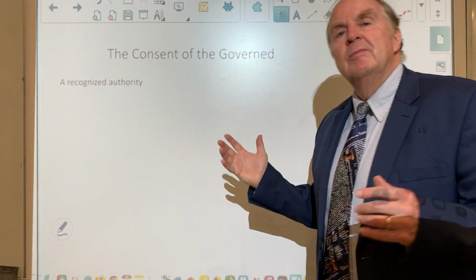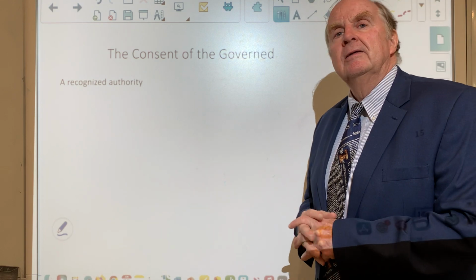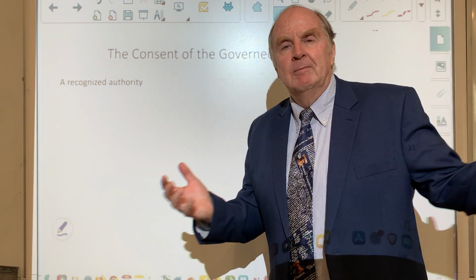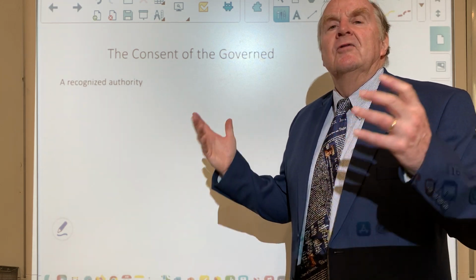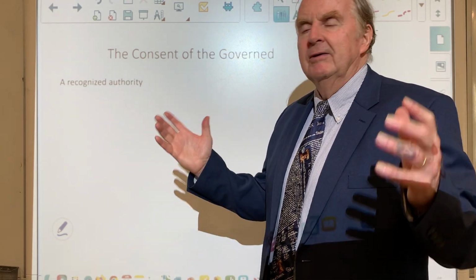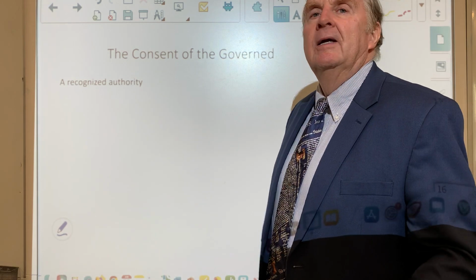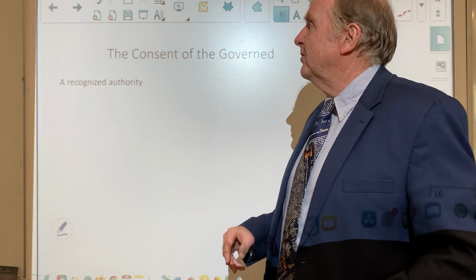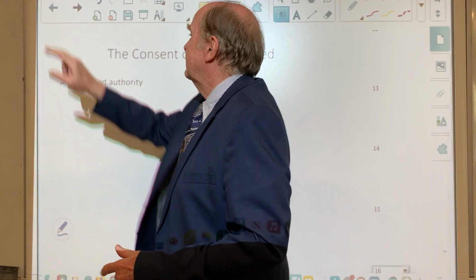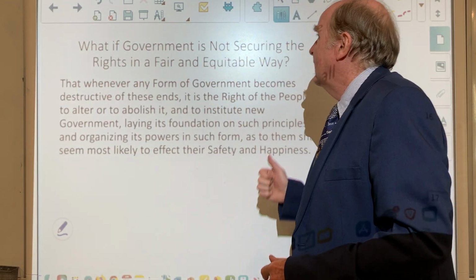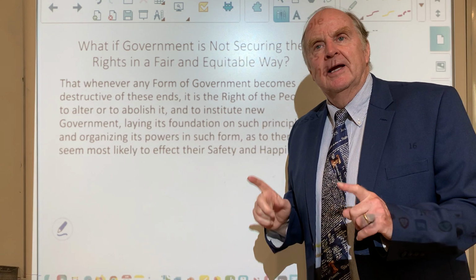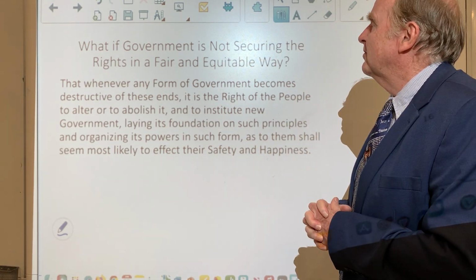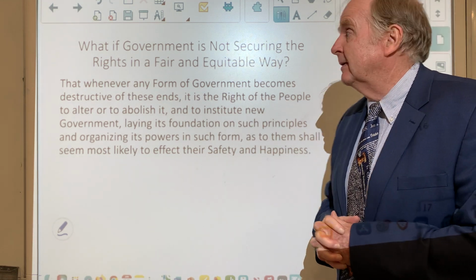Now, the government is a recognized authority. In the case of Rachel's family and her neighbor's family, it'd be someone that they both respect, whether it's a town policeman or a neighbor they both respect, or someone else in authority. And the problem in the Declaration of Independence is, what if the government is not securing the rights in a fair and equitable way?